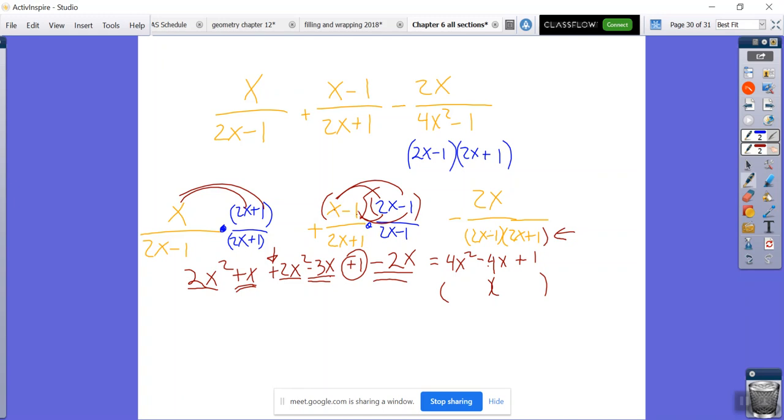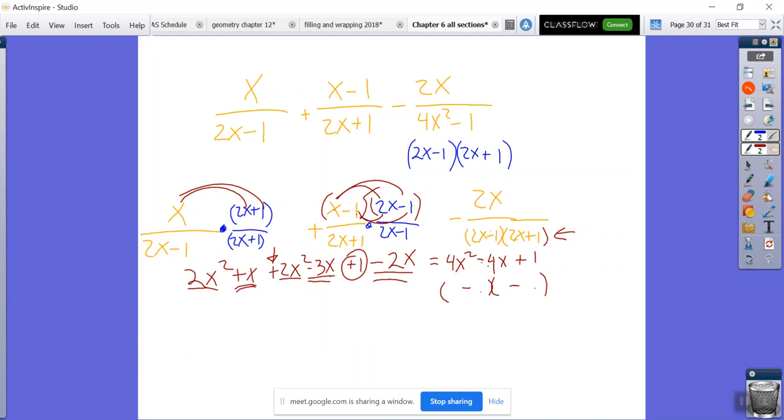Two negatives, maybe? Probably, because we have to multiply two numbers together to get a positive 1. But when you add them together, you get a negative. So we know a negative times a negative is a positive, but a negative plus a negative is going to be a negative. So we feel pretty good about two negatives.